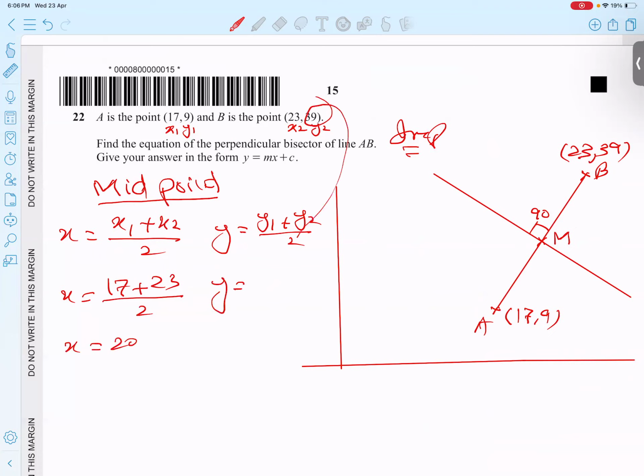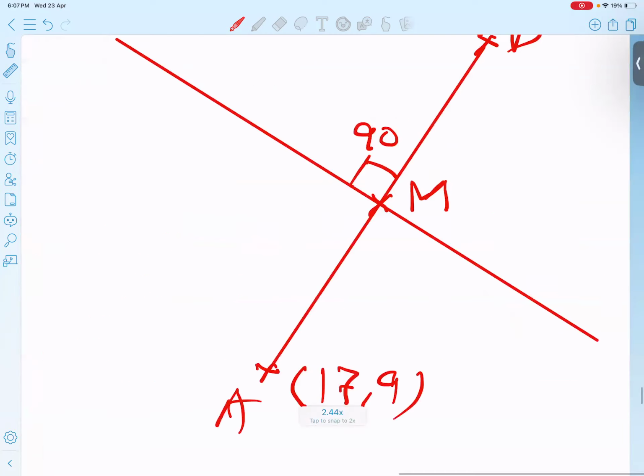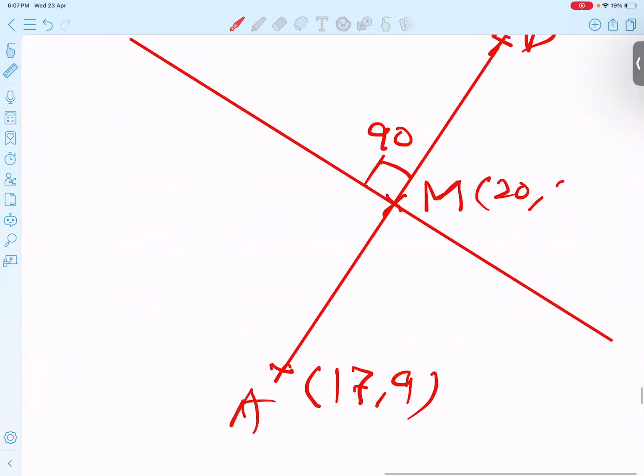What about y1, y2? This 9 plus 39, I got 48, 24. So my midpoint is 20, 24. I'm writing here 20, 24.